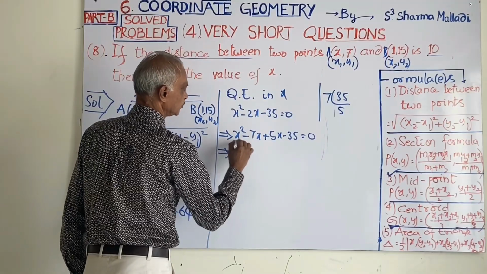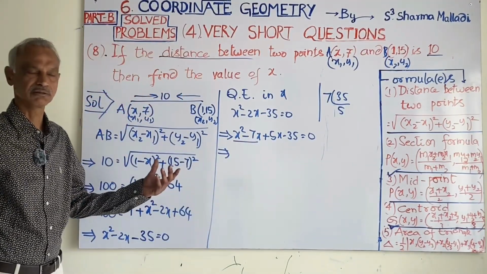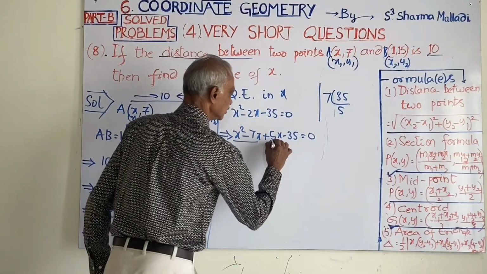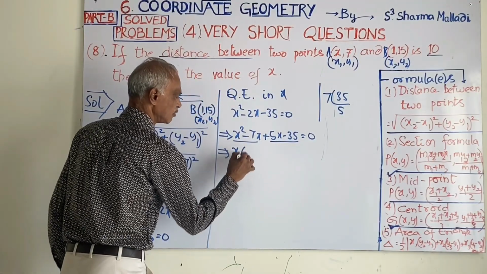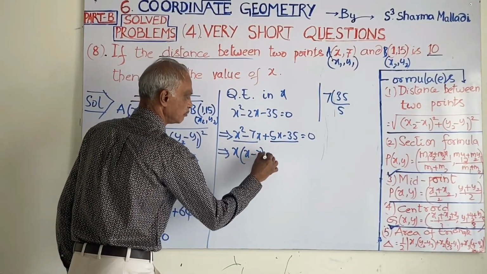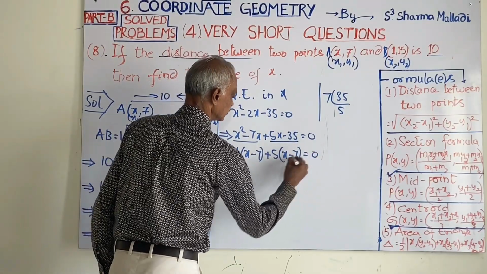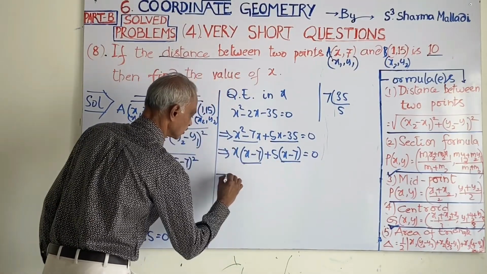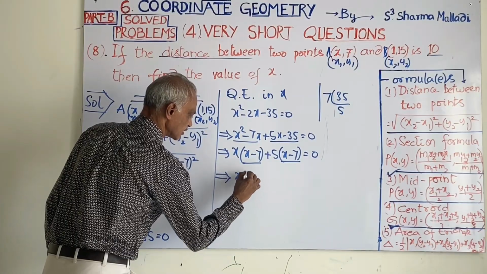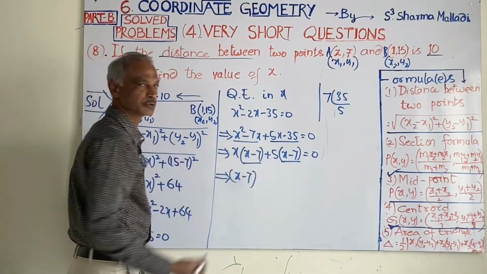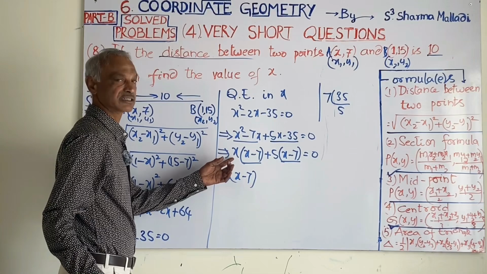You take these two and these two. You take x common: x into x minus 7 plus 5 into x minus 7 is equal to 0. What is common here? x minus 7 is common in these two, and you will get x plus 5.